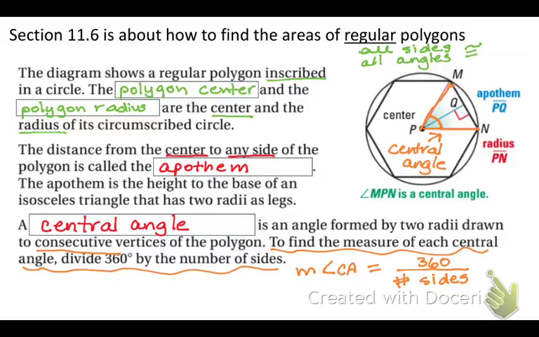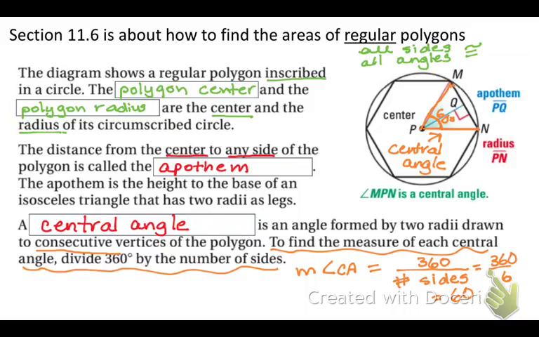For example, this polygon has 6 sides, so that's equal to 360 divided by 6. 6 times 60 is equal to 360. So we know that this central angle here is equal to 60 degrees. That's pretty easy to find.